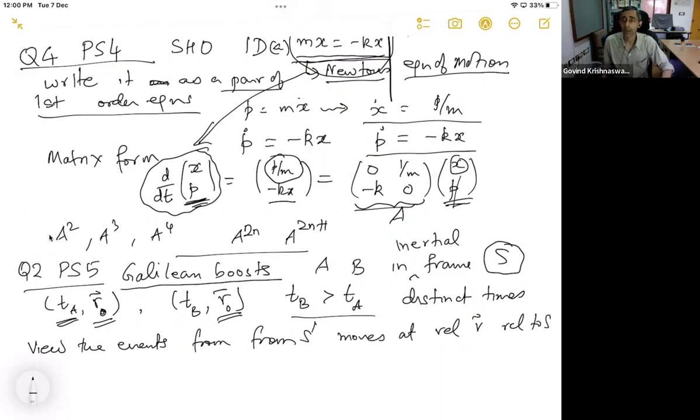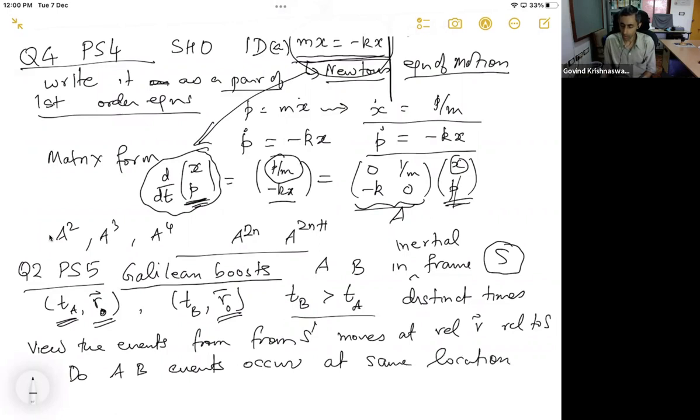Now this frame may be the frame of a car that is moving on the Old Mahabalipuram Road at a constant speed. Yeah. And we are asking, relative to that new frame, do A and B events occur at the same location?